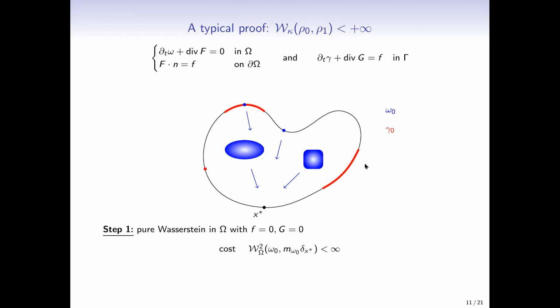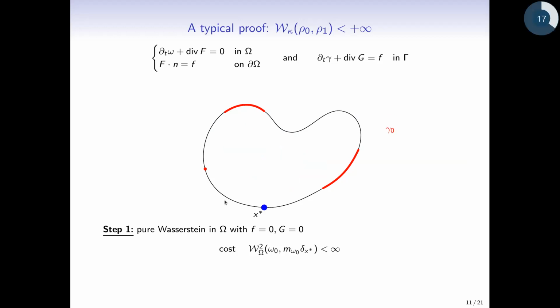So the red cars are not moving, they're not going anywhere. I use a pure Wasserstein transport to bring all these blue guys all to the direct delta mass located at x star. And this I'm allowed to do because omega is closed compact. So the blue measure is allowed to charge the boundary, okay? And this has a finite cost because this is well-known classical optimal transport.